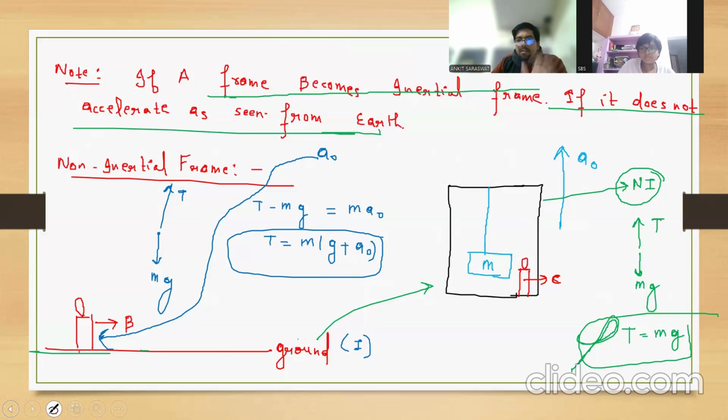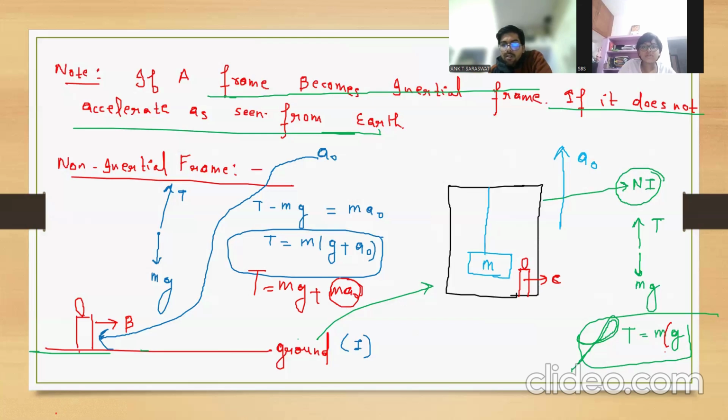Now please tell me, if you look at both the diagrams carefully, here T is equal to mg plus a naught, here only mg. What is lacking here in the non-inertial frame? Mg plus ma naught. Ma naught is lacking here.